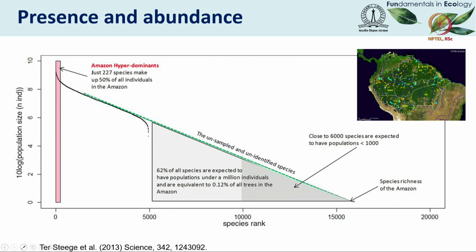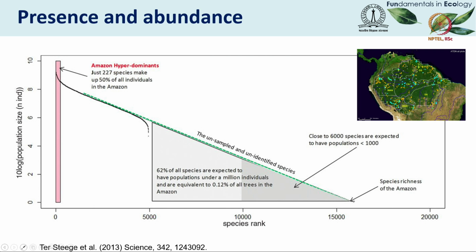We've seen this also with Barro Colorado Island, where it is a subset of trees that are very common, making up most of the individuals in the habitat, whereas there is a much larger number of species that contribute much less to individuals in the habitat.